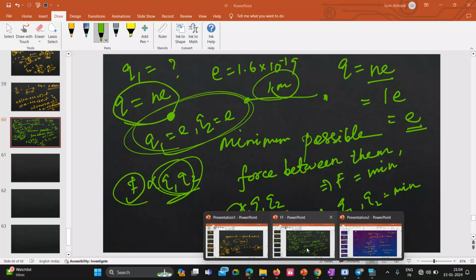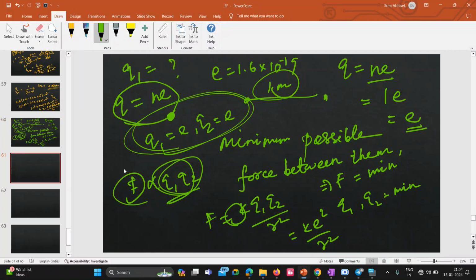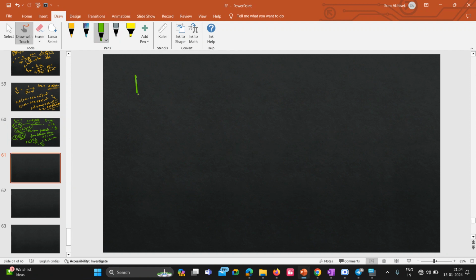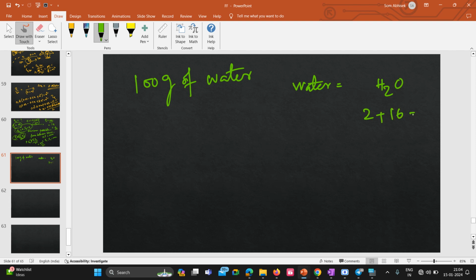Remember the question? 100 gram of water. Number of electrons in 100 gram of water will be what? Water is first of all H2O, so the mass is 2 plus 16, that is 18.